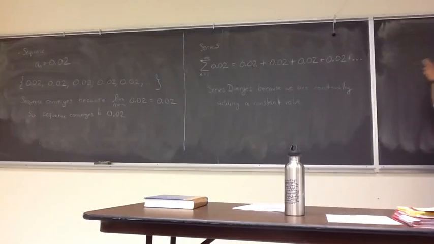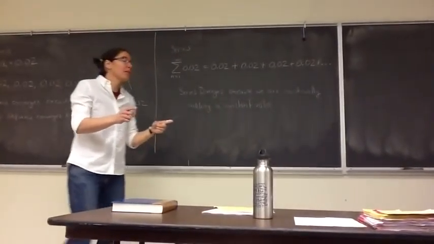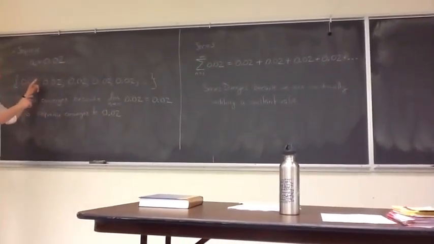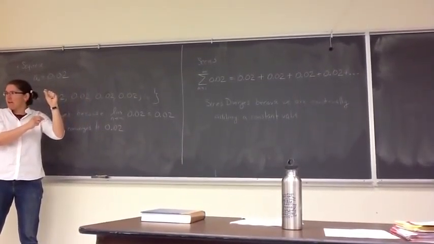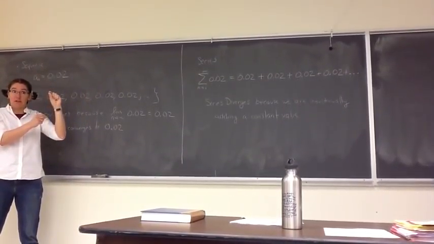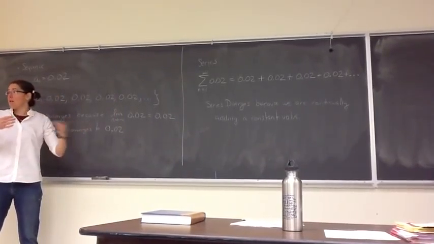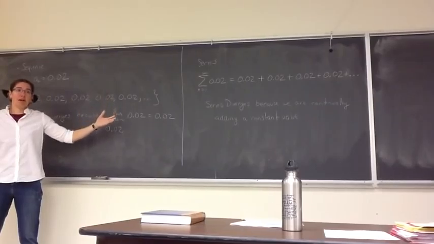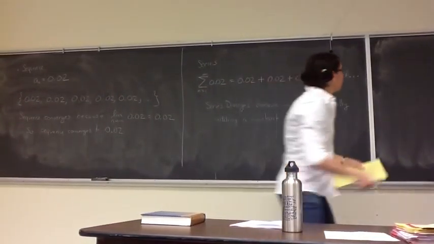So it makes sense that if you have a sequence and that sequence does not eventually get super, super tiny, in other words, if our list of terms does not go to 0, then there's no way that if we add up all the terms we're going to get some kind of finite number. This is what the test for divergence says.